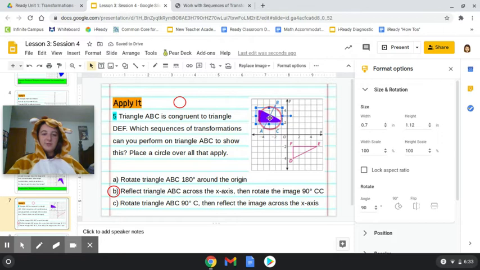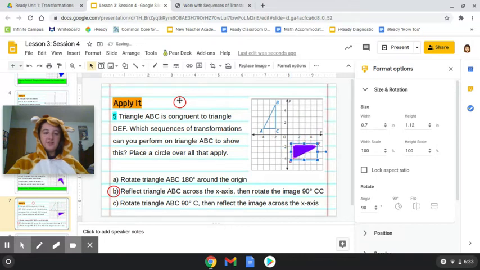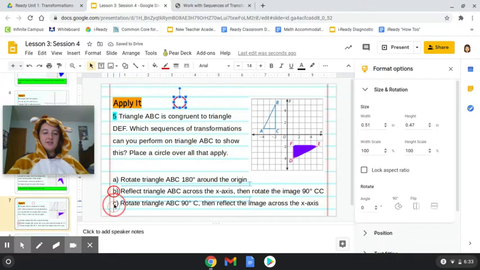And that will move it to right here. And then we want to reflect over the x-axis, which will get our figure to right here, which means that C is also a sequence of transformations that will map ABC onto DEF.